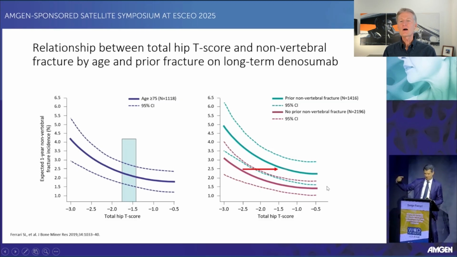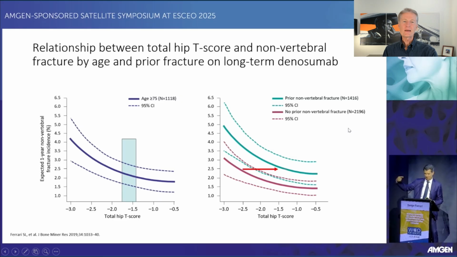This is Dr. Ferrari. He showed a couple different things here. On the left-hand side, again, showing fracture risk reduction as you're being treated, in this case on Prolia. And you can see this flattening of the curve. And he's saying, maybe the zone here looks like a comfortable zone, but you know what, -2, it's starting to flatten at -2. That's a good target because, again, you have these diminishing returns. And it didn't really matter whether you were above 75 or less than 75.